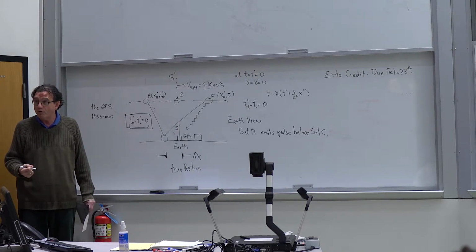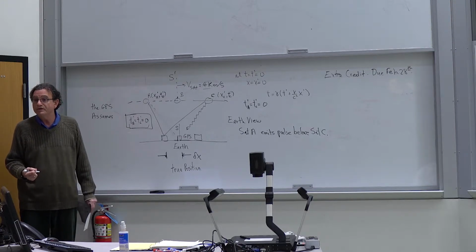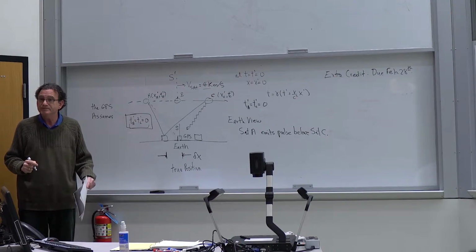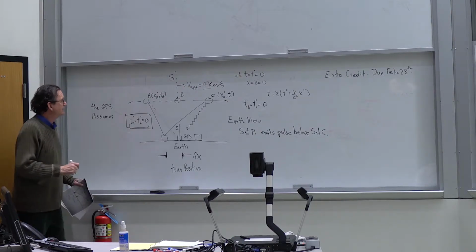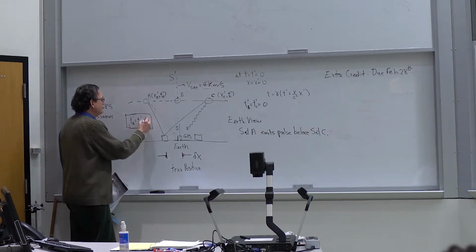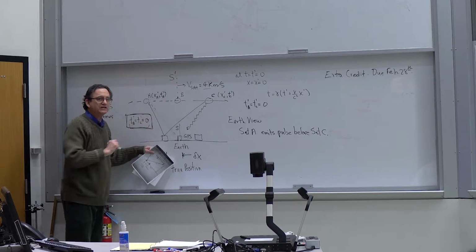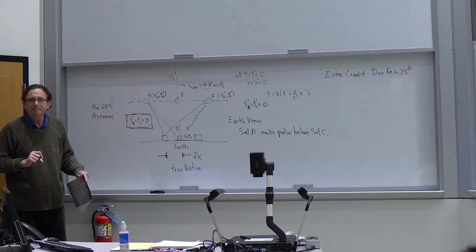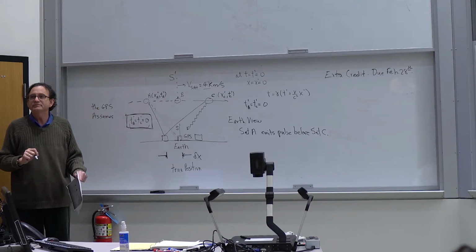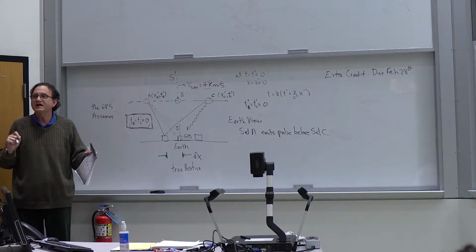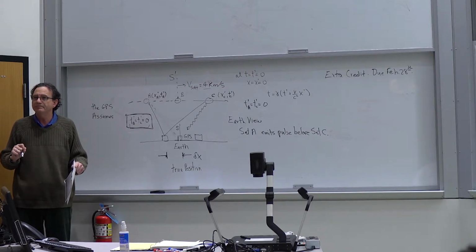I get one signal before the other, it must be because I'm closer to one than the other. Right? But that's his mistake. His mistake is that he assumes that they were emitted at the same time in his frame as they were in the satellite's frame. Not true. Simultaneous in one frame is not simultaneous in the other.